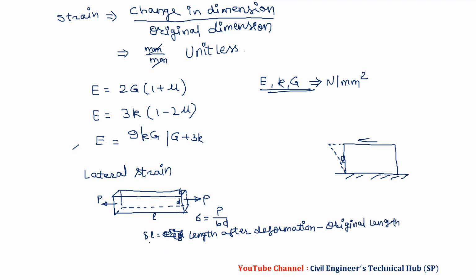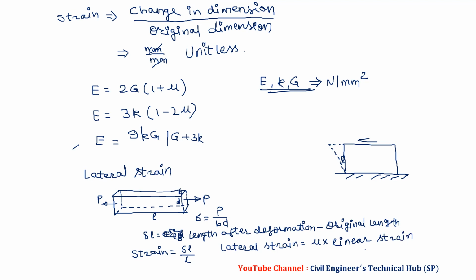Then strain is delta L upon L, meaning change in length upon original length. So what is lateral strain? Lateral strain is equal to mu into linear strain.